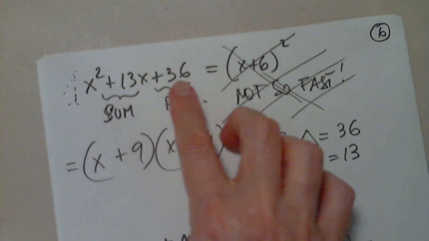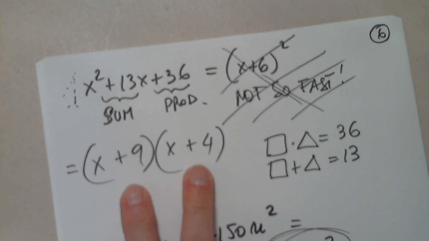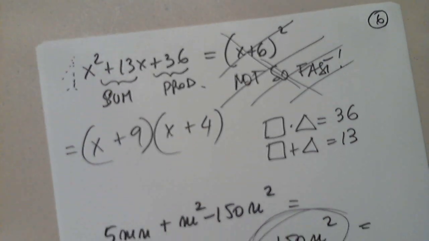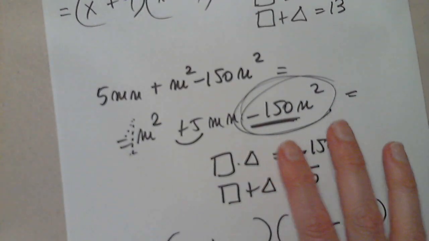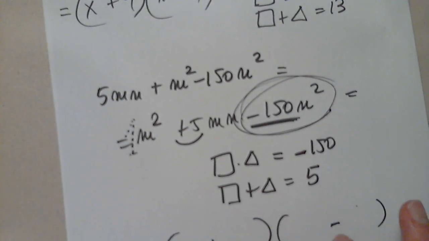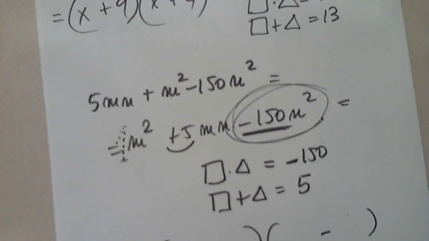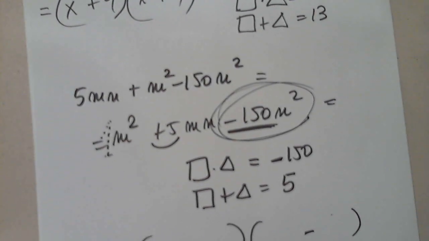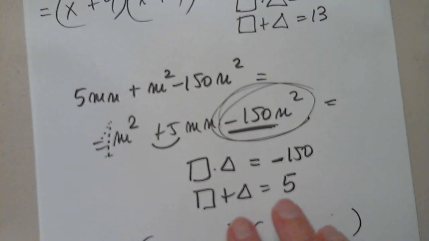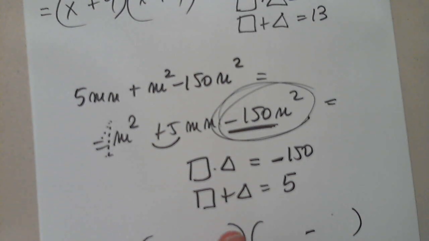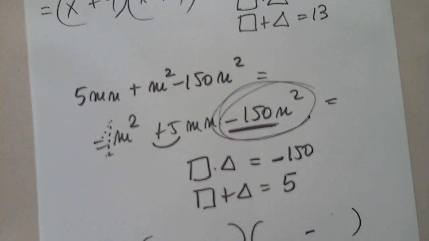Here, everything was positive, so therefore positive is the only option. But since the product is negative, one has to be positive, one has to be negative. And now we have to think and find two numbers whose product is negative 150, and when we add them up, the negative number is smaller in absolute value, so we can get a positive 5.